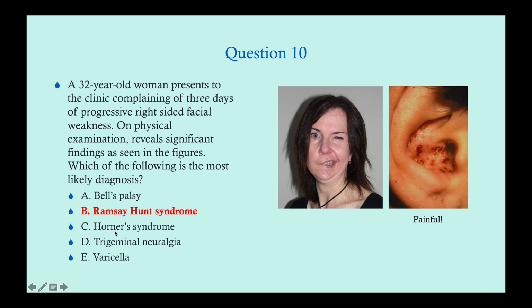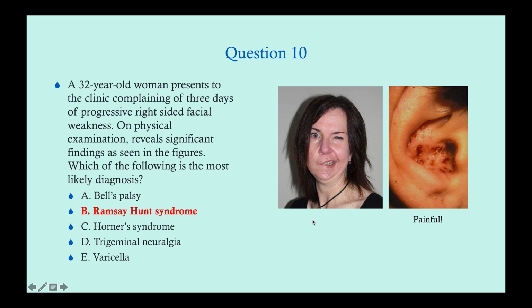Horner syndrome, remember, affects the oculosympathetic nerves, and it has a triad of ptosis, miosis, and anhidrosis. So you're not going to have this stuff on the ear, and you're not going to have any weakness in the lower part of the face. It's only going to be around the eye, and you would notice unusual pupils. Trigeminal neuralgia is a chronic pain syndrome that affects the trigeminal nerve.